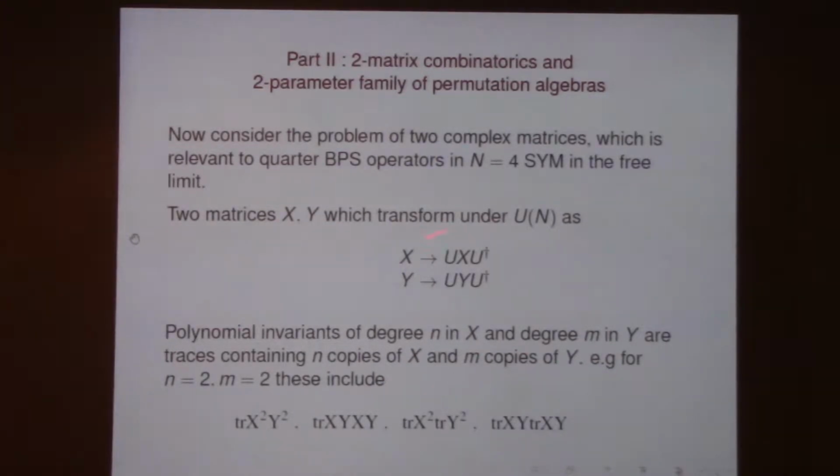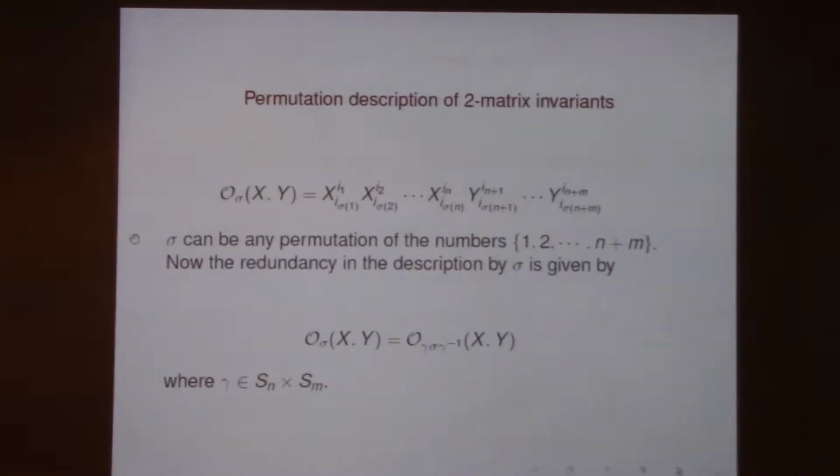And if you look at polynomials of degree n in x, degree m in y, you know what these gauge invariant functions look like. They look like traces or multi-traces. The subtlety now is that within a trace, you can have different orderings of the x's and y's, and that results in a large new multiplicity. But again, all of that is going to be controlled by an algebra, a permutation algebra.